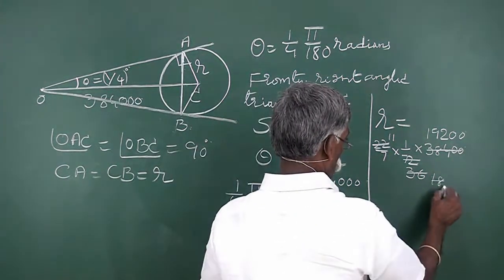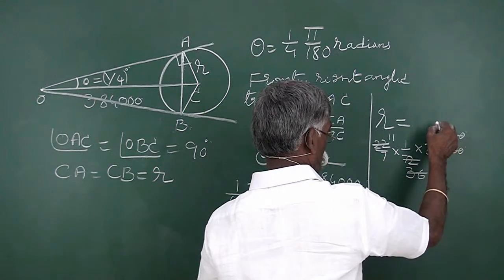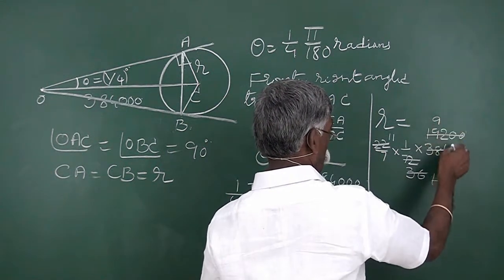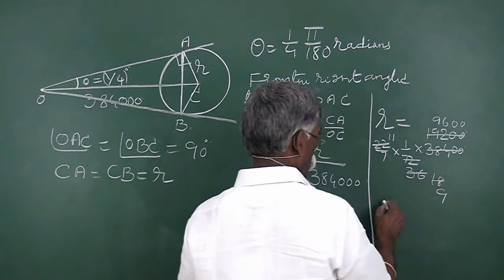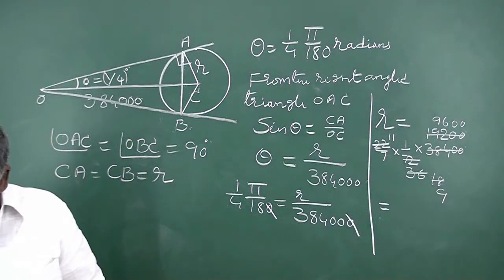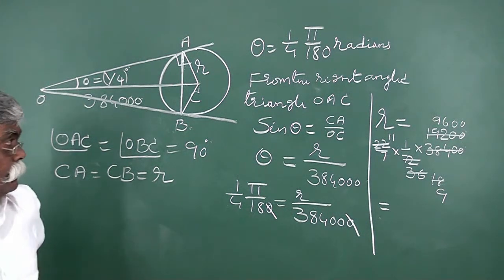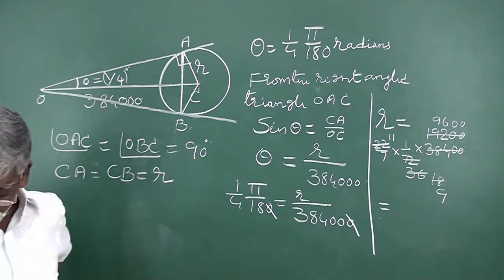Once again 2 goes, so therefore this is equal to 11 into 9600 by 63.